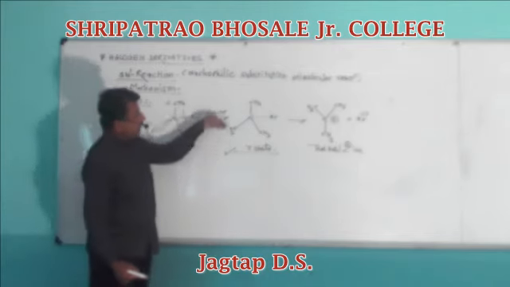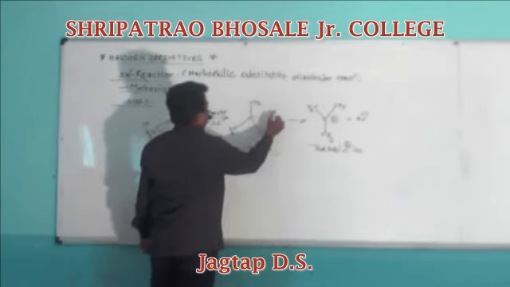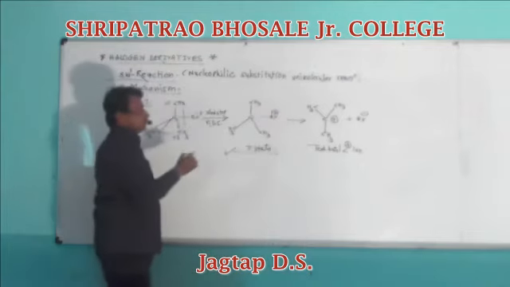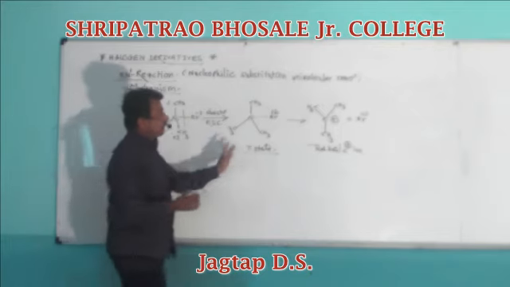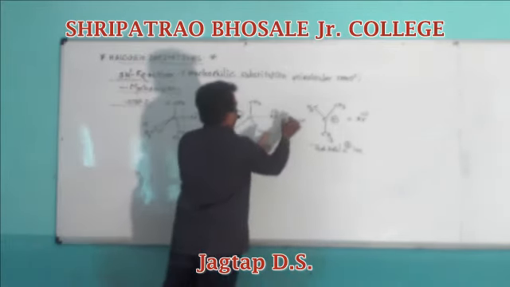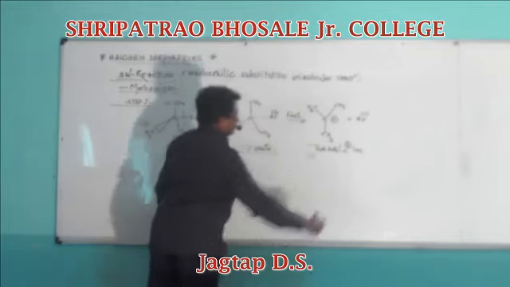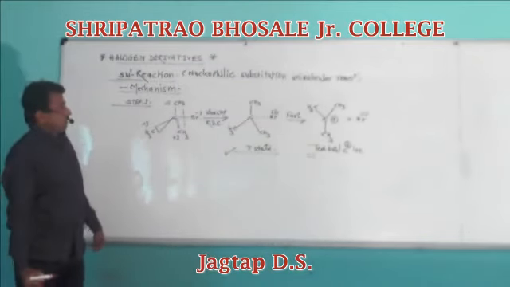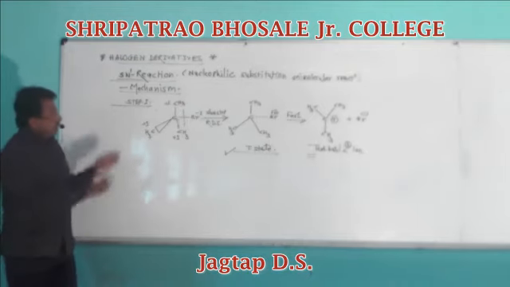In TS, the C-Br bond is partially broken. Then the unstable transition state immediately loses Br as Br minus and gives tertiary butyl carbonium ion. This is the first step.